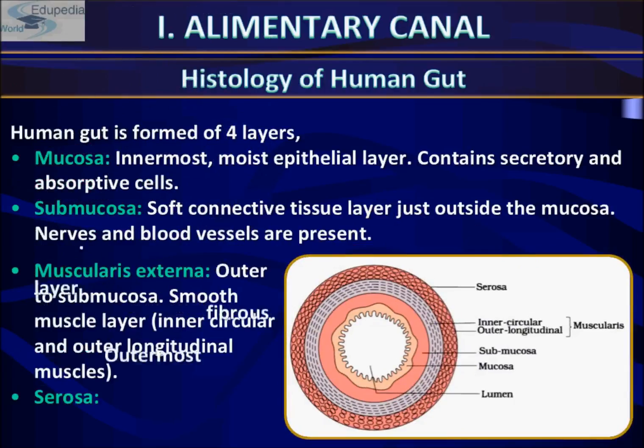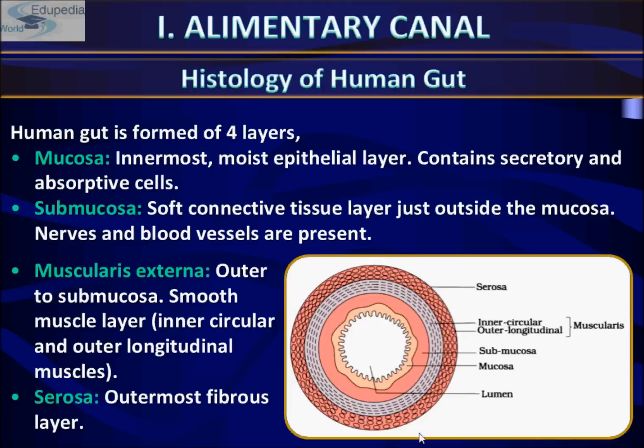And the third is the muscularis externa. It is a smooth muscle layer outer to the submucosa, and inner circular and outer longitudinal muscles are present in the muscularis externa. And finally, the outermost fibrous layer is known as serosa, okay. So this is the human gut, or you can say the alimentary canal, okay.